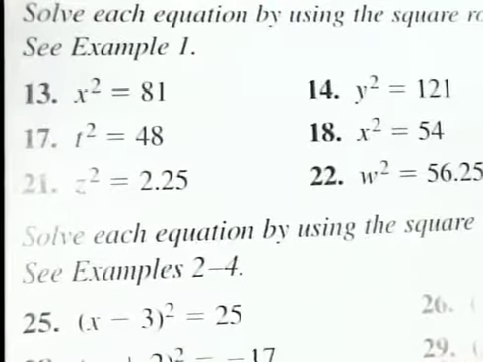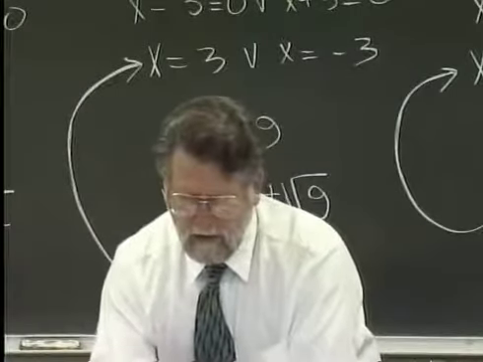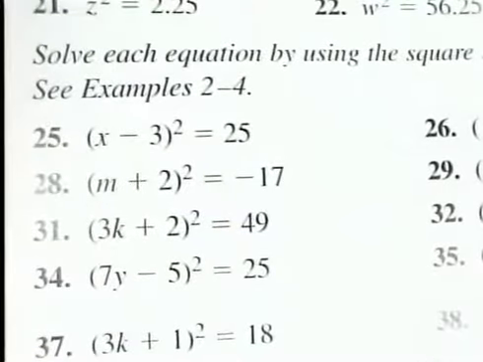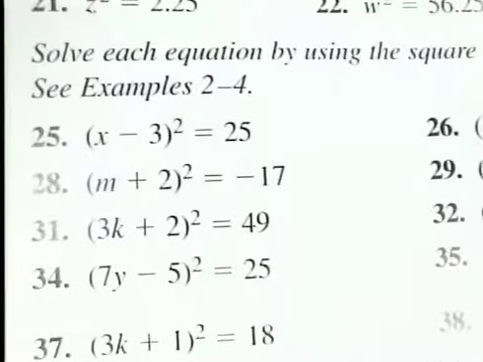Okay, let's come off there for a moment. Look at what happens as I get down into a little more complicated problem. 25, 28 are just exactly what we've talked about. But notice 31 and 34 are new wrinkles. A little bit different than what we've done up to where I just stopped on the side board.